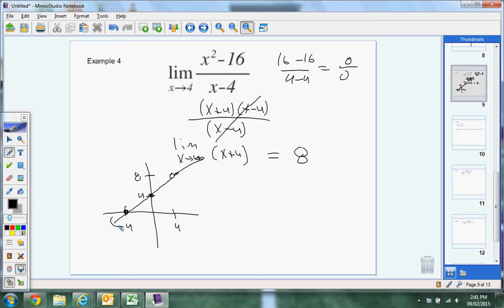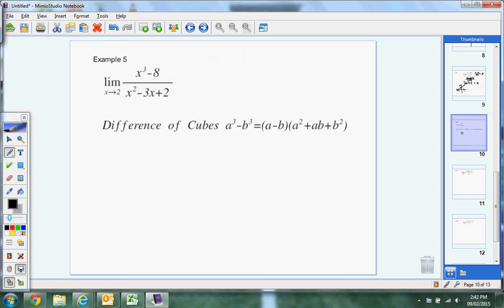Okay, so now this one, we get to our difference of cubes again, like we had in our warm-up. If I plug in 2, I'm going to get 8 minus 8 over 4 minus 6 plus 2, which is also 0. So I get 0 over 0 again. At this point, we need to see if we can do some more work.